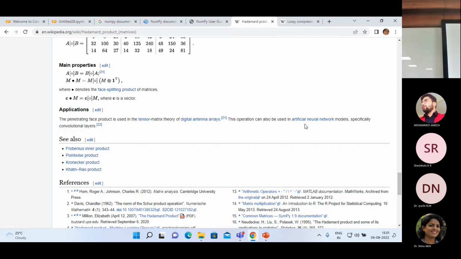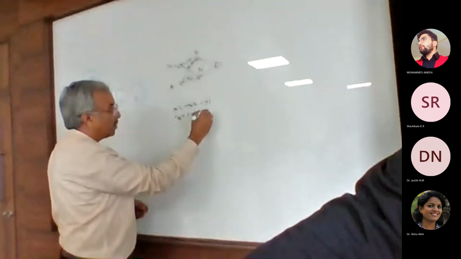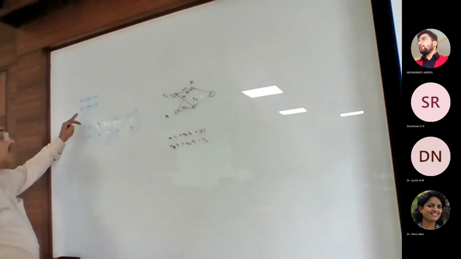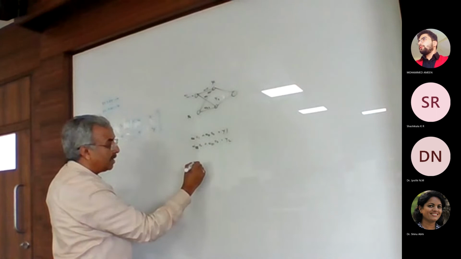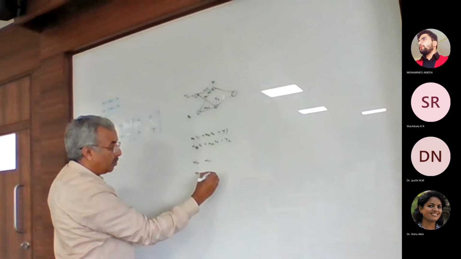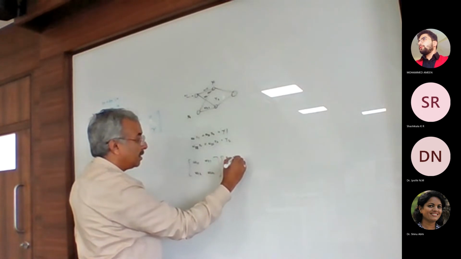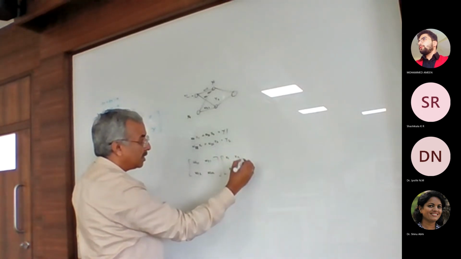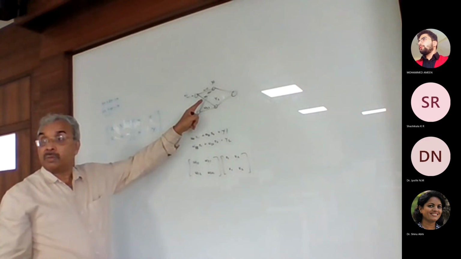Similarly, W12 X1 plus W22 X2 is your Y2. Is it similar to this equation? You can write this as W11, W21, W12, W22 as one matrix. Another one is X1, X2, X1, X2 as another matrix. Can you get the Hadamard product of these two? This is your neural network.